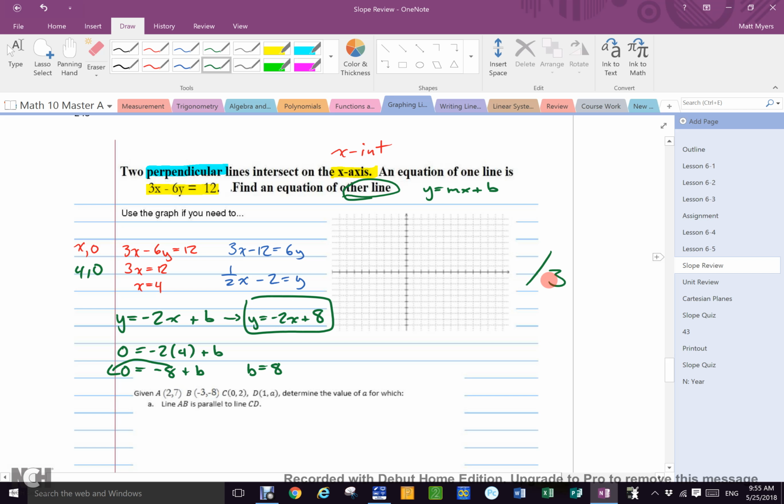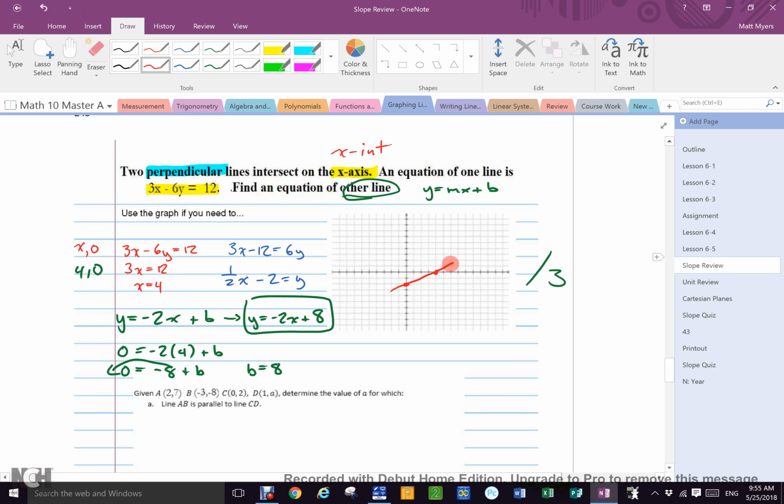Is there more than one way to solve this? Sure there is, because we could have used the graph, right? If I take the first line, this guy right here, we know that it's 1, 2, 3, 4. And on the y's, it's negative 2, correct?